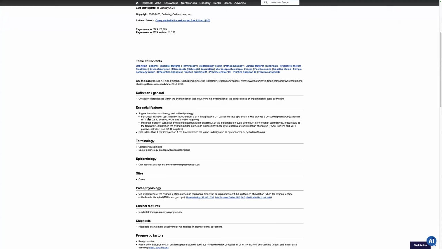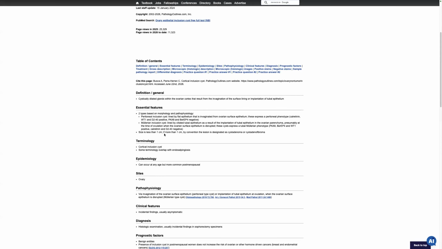There are two types. Peritoneal inclusion cyst, flat epithelium, WT1, D2-40 positive, PAX8 and EP2 negative, and then the Mullerian inclusion cyst, lined by ciliated tubal epithelium as the result of implantation. So these are the ones that will give rise to the serous cystadenomas, and these ones will just sit there and look inactive.